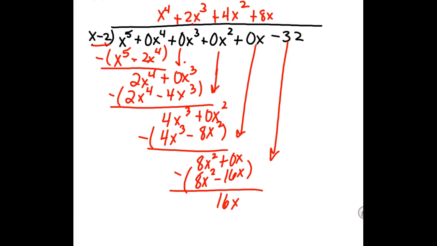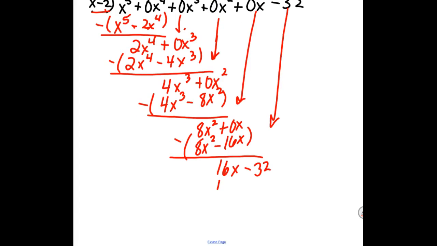And then we bring down our last one, the negative 32. Divide out an x, we have 16. Multiplying and subtracting. So the question is, is x minus 2 a factor of x to the 5th minus 32? You would say yes. It is a factor.